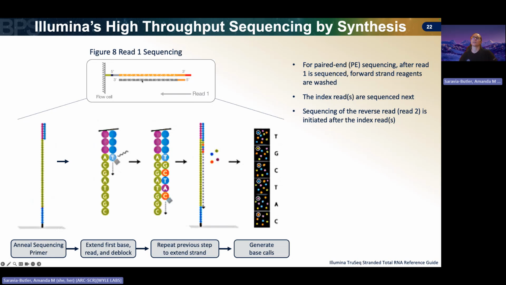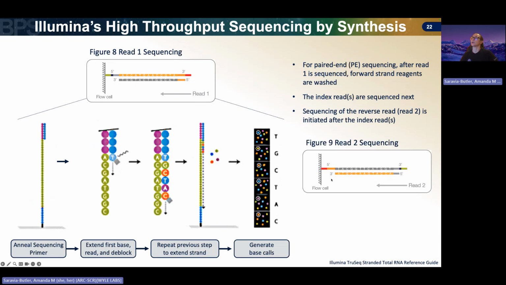Then this forward template is going to be washed away, allowing the reverse template to be sequenced, which is going to be our read 2. So we'll see this here. Again, remember the reverse complement of this was made, so this is the reverse complement, or our reverse template. And so our read 2, our reverse read, is going to be read in the opposite direction.